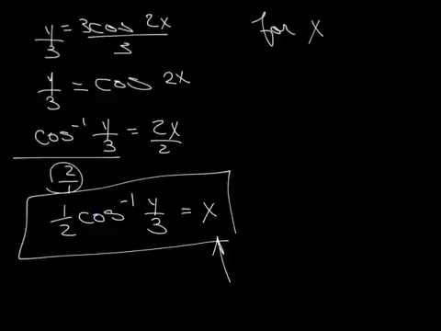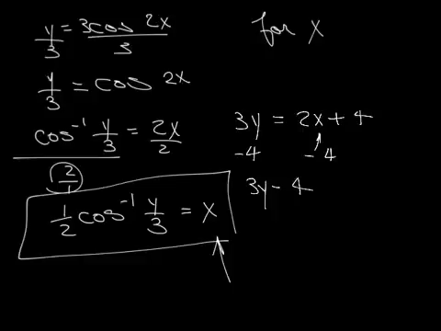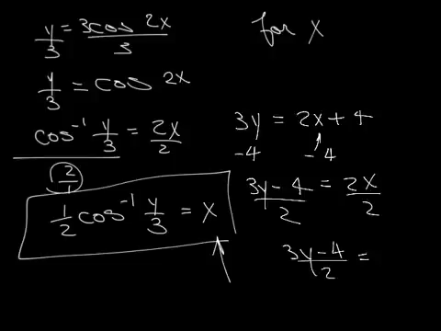It's kind of like back when you were doing algebra 1 and 2, where you had 3y equals 2x plus 4, and you were asked to solve for x. You had to subtract 4 from both sides, and you get 3y minus 4 equals 2x. You divide by 2, and you get (3y minus 4) over 2 equals x.